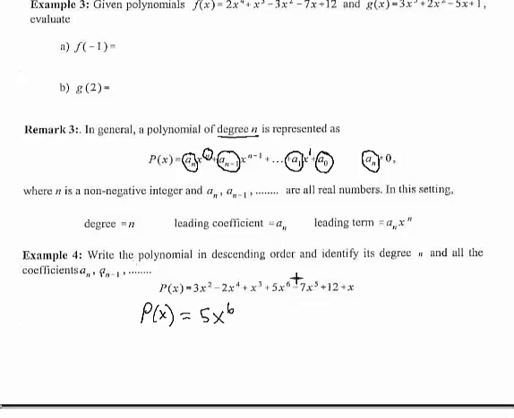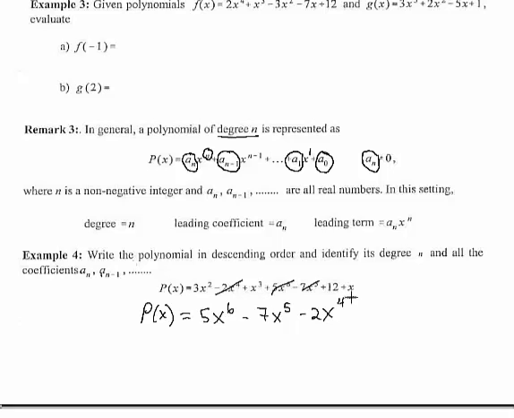Do we have a 5th degree term, or a term with the exponent of 5? That one comes next. So we're simply counting backwards from 6. 6, 5, 4. Here is our term with a power of 4, minus 2x to the 4th. So I scratch that one out.